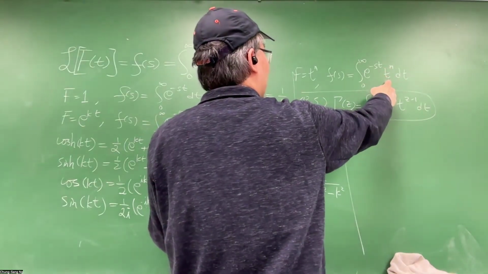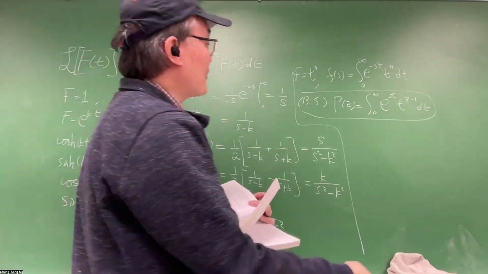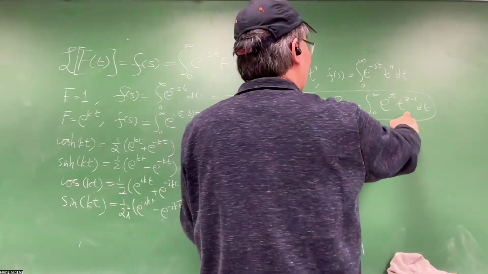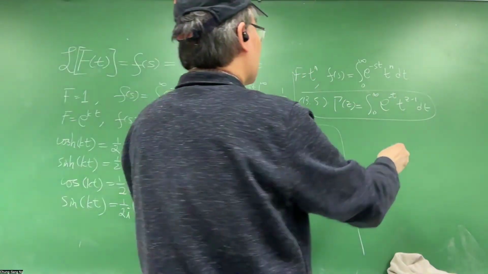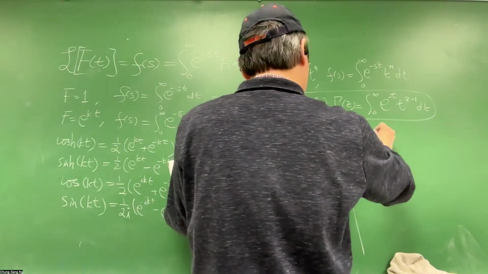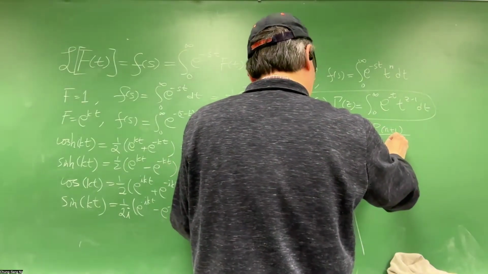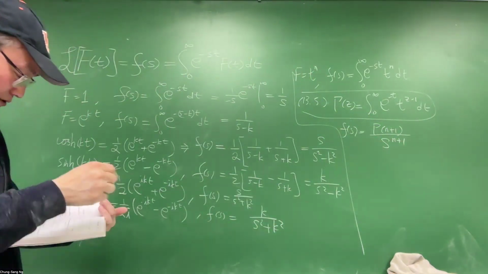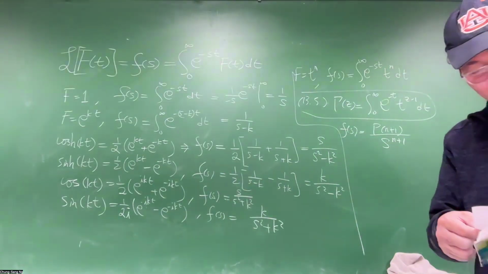Then you get t prime divided by s, so you have s to the n plus 1 in the denominator. This is the gamma function, and we'll have the gamma function discussion in the second semester.